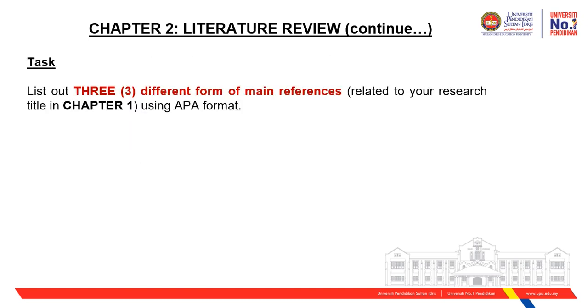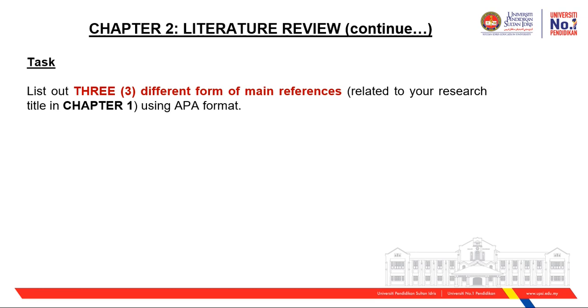Lastly, this is your task. Before I explain this task, in summary, a literature review is basically where you need to find information from books, articles, websites, or any sources related to your chosen topic, your objective and also your focus.